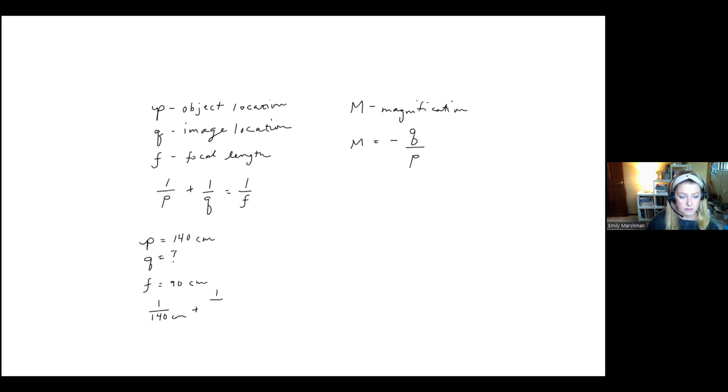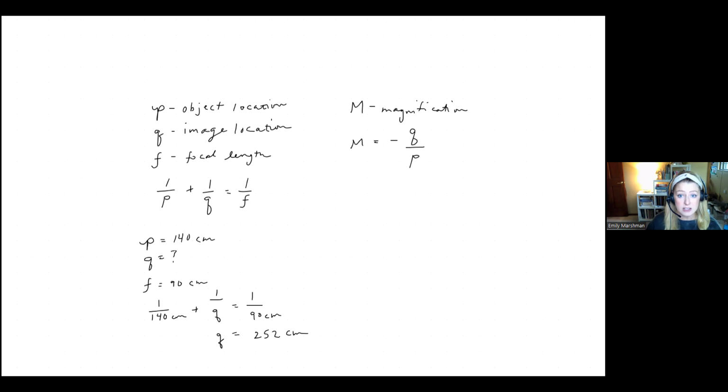And then equals 1 over the focal length, which is 90 centimeters. If I solve for Q, it's 252 centimeters.